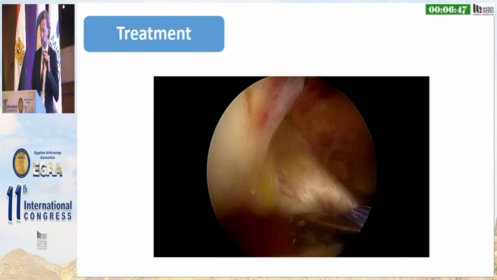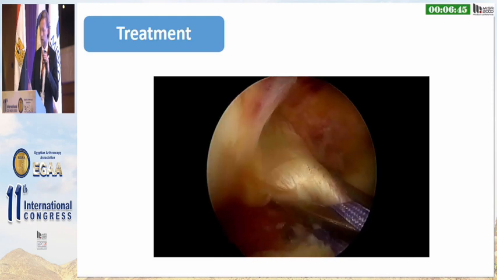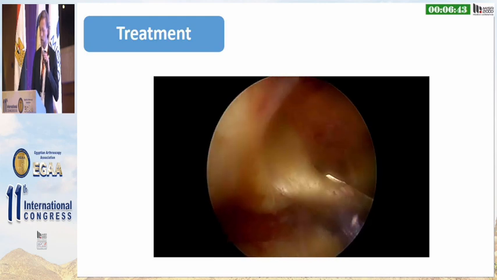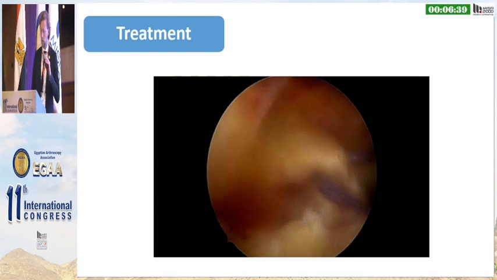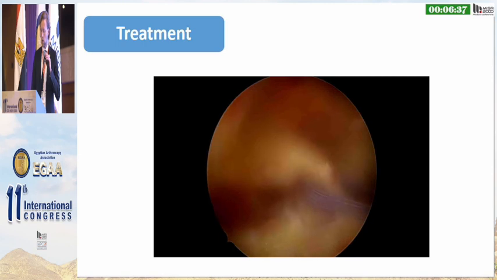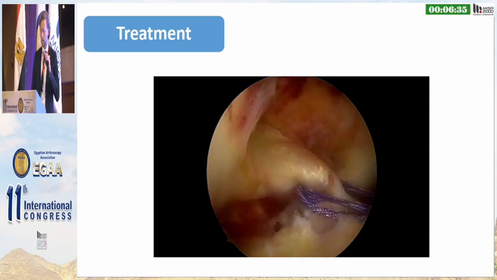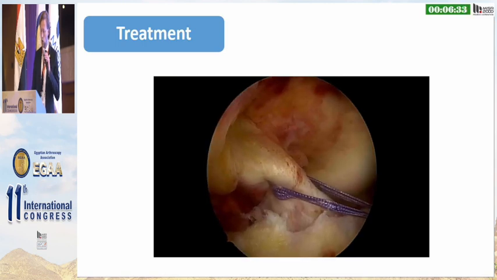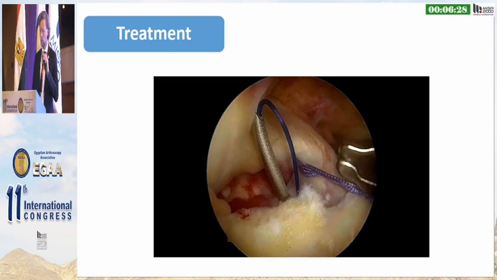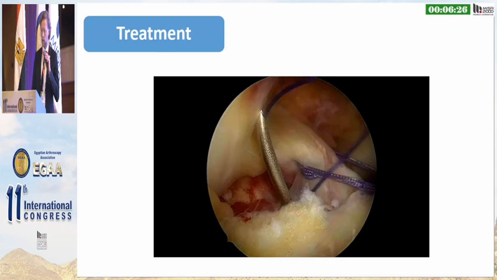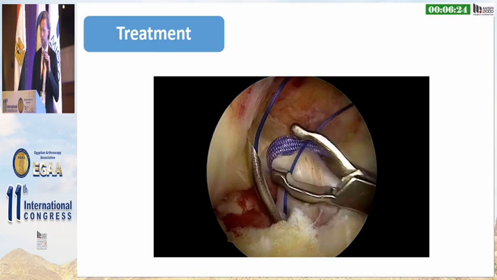You can either use a knee scorpion or a first pass mini, whatever company you're working with. And then we use a tape, put it through the ACL stem, and then we use a spinal needle with a PDS suture. That's the reason why we don't have to over-drill the wire.